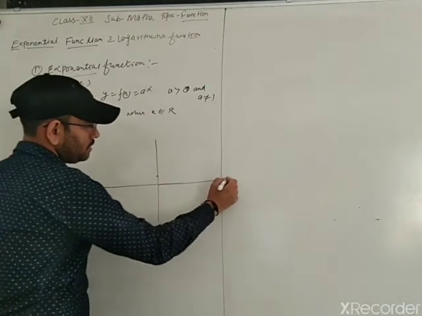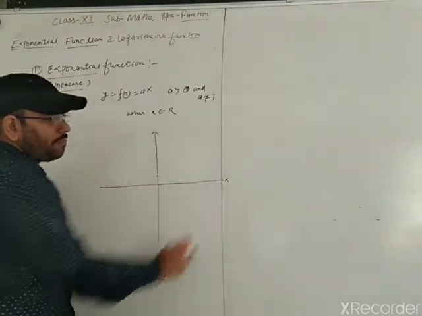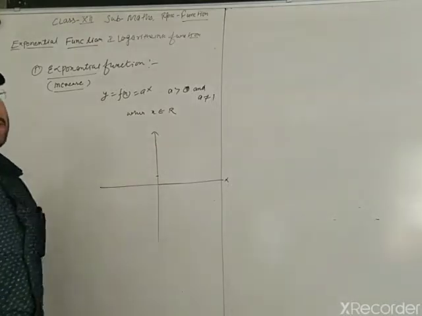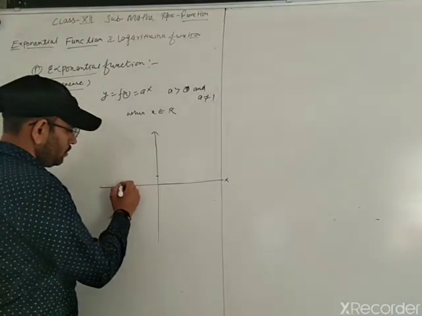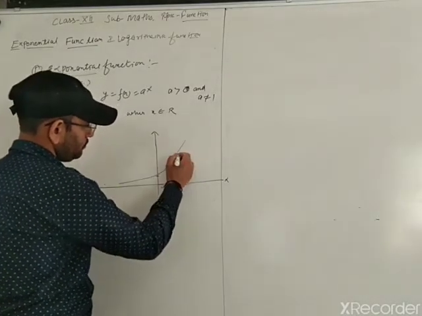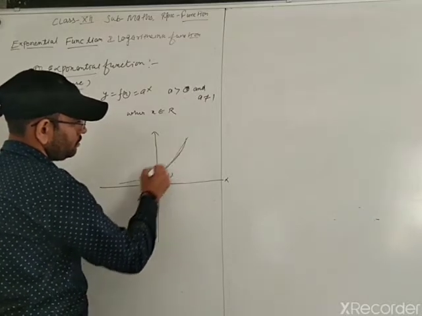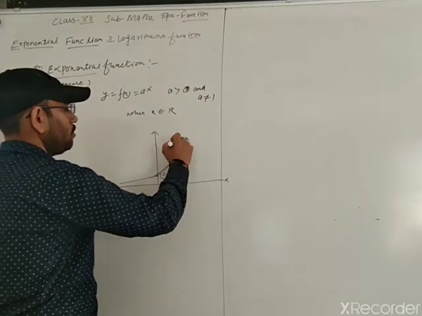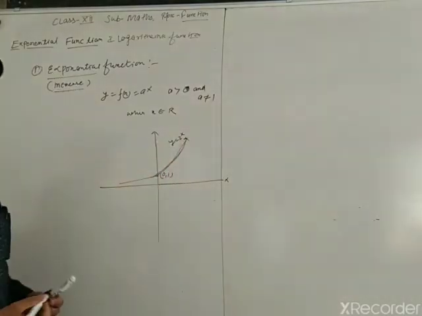So we have x, our input, as we have discussed, the domain, and the result we get, that is the range or codomain, we say. So the function is like that. This is the graph of 2 to the power x.